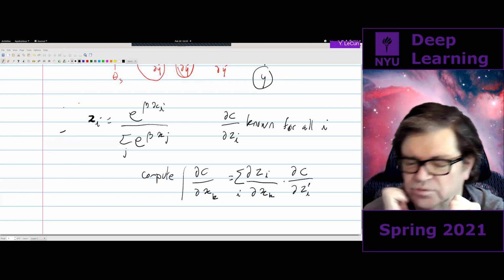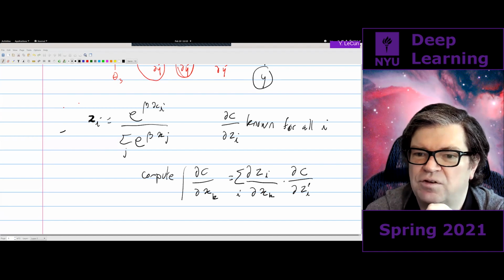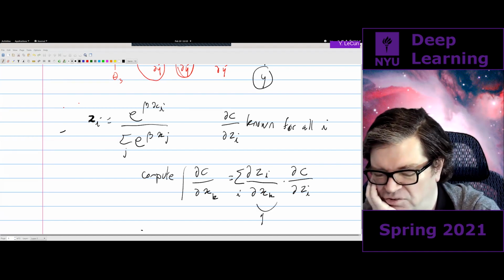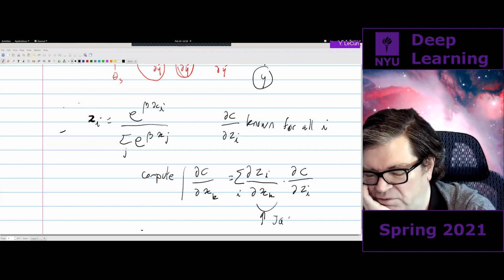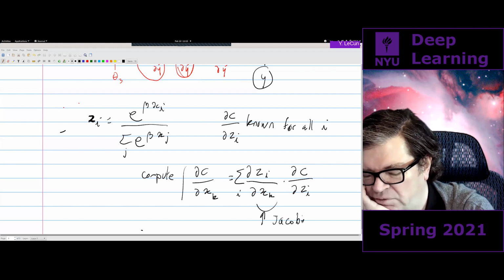Okay, this is chain rule, right? We explained this last week. And the question is, what is this? So this is a Jacobian of the softmax.